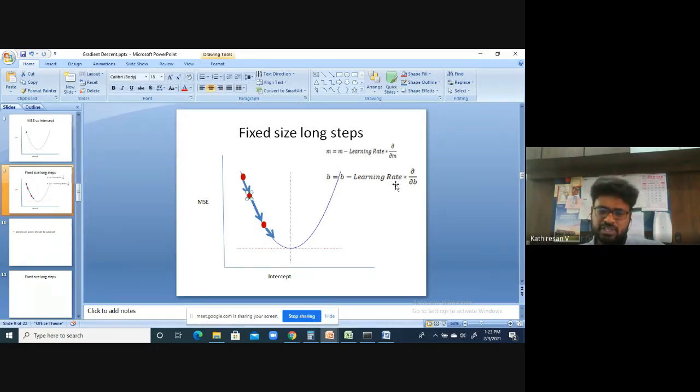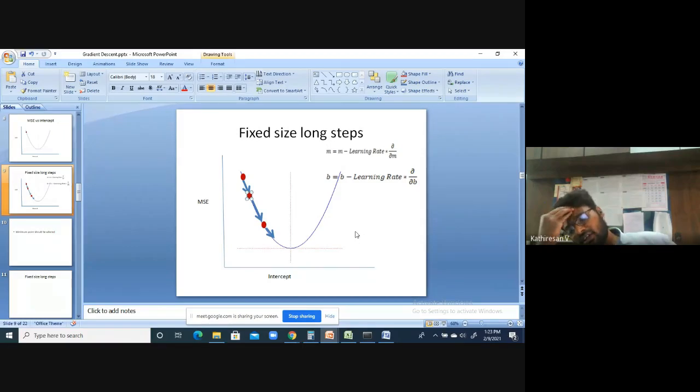For b also the same: the second iteration of b equals the first iteration of b minus learning rate into the partial derivative of b. This formula also we have. So likewise we have to move the curve and reach the global minima. So this is the formula.